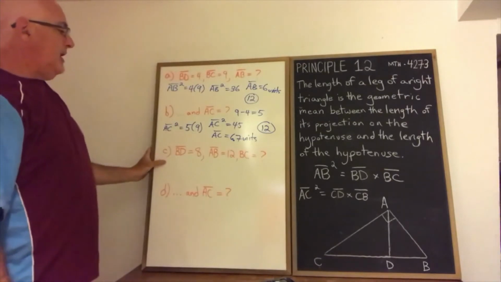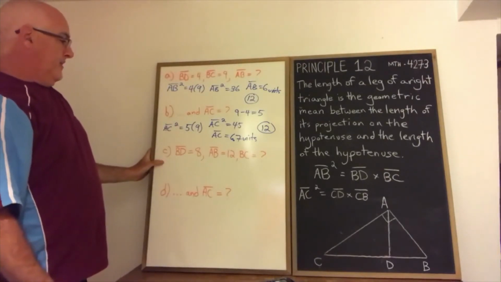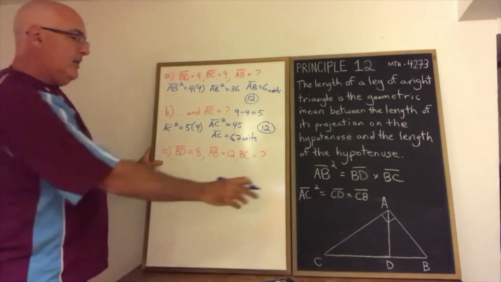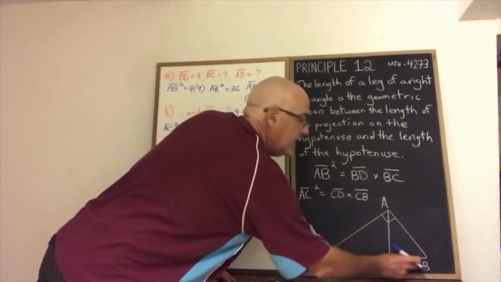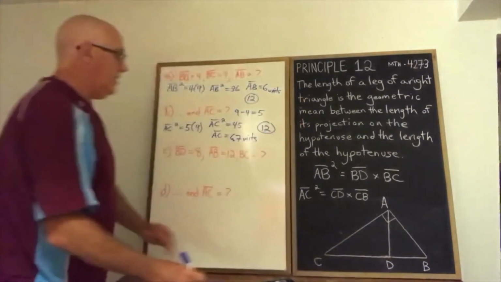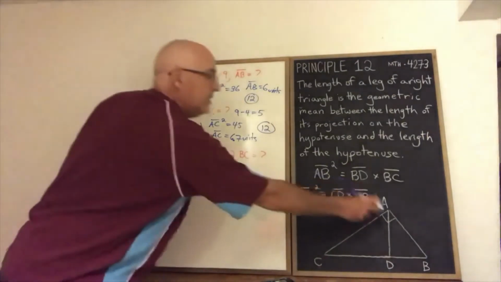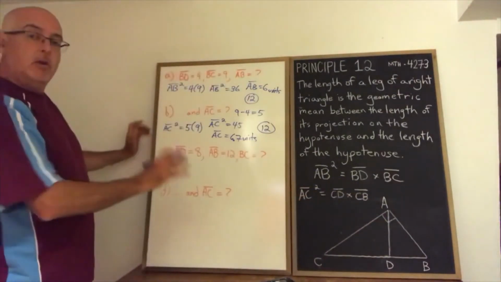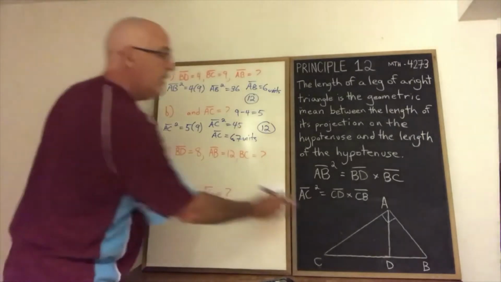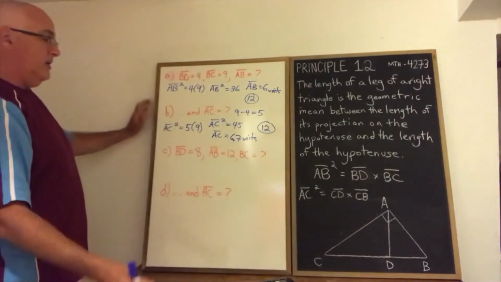In question C, BD is equal to 8. That's the closer piece of the hypotenuse. AB is equal to 12. That's the leg. This time we know the leg, and we're being asked how long is BC, how long is the entire hypotenuse.